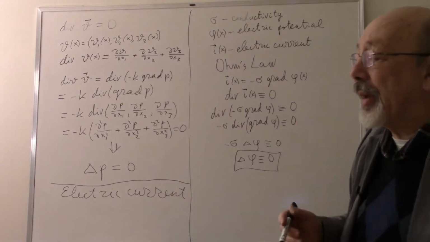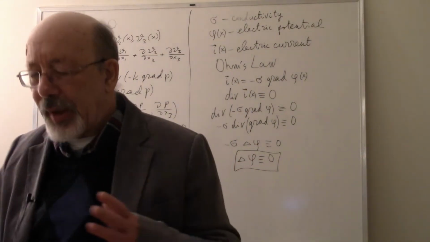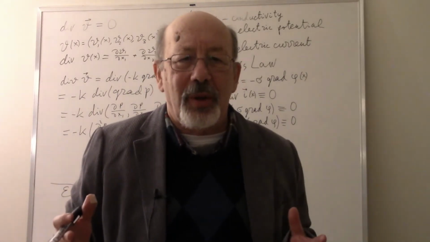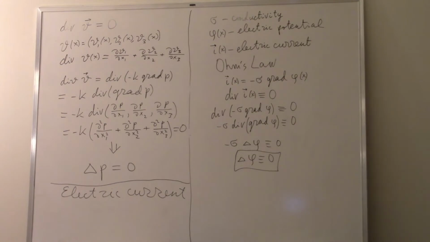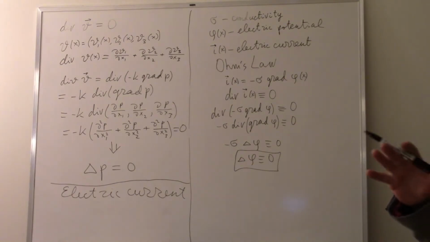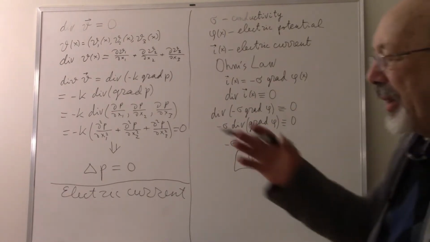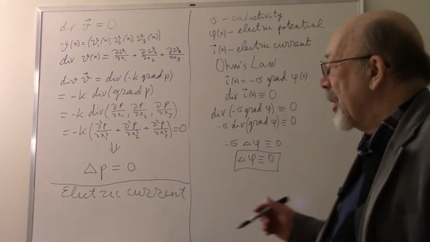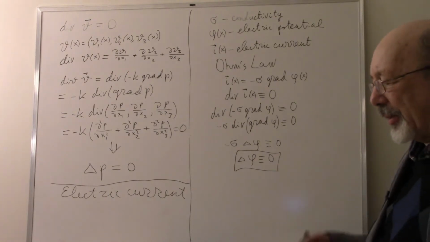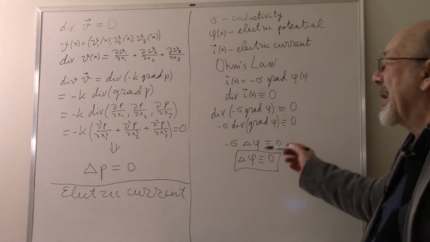And we always have the same equation in the study of, say, the gravitational potential, or in the study of heat flow in some material. So the temperature in a homogeneous medium, also if it is stationary in time, satisfies the same equation.